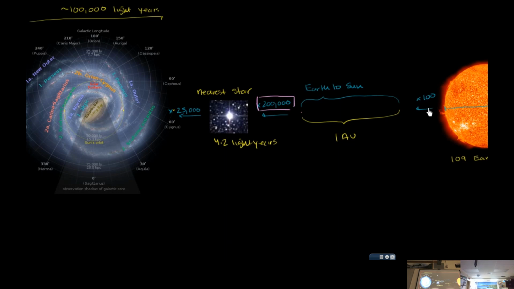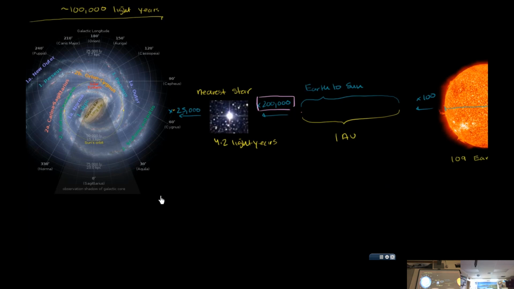The observable universe is about 93 billion light years across. And the reason why it's larger than 13.7 billion is that the points in space that emitted light 13.7 billion years ago have been going away from us. So now they're on the order of 40 billion light years away. But this isn't about cosmology. This is just about scale and appreciating how huge the universe is.